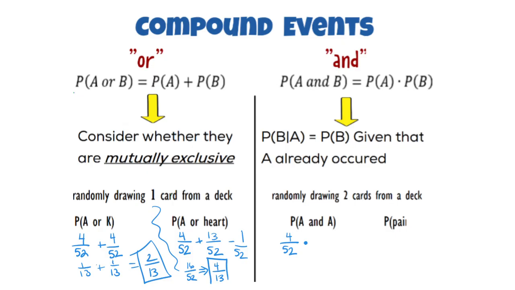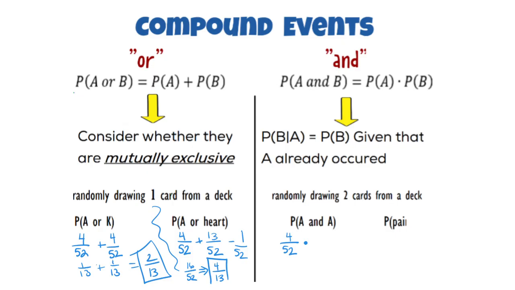Now, when I do this, though, I am assuming that the first ace I got, I'm leaving that out. Sometimes they use that phrase with replacement. If I drew the ace and then I put it back into the deck, then I'm opening myself up to redraw that ace. So there's more aces in the deck. But that is not typical. It's usually once you've drawn it, it stays out.